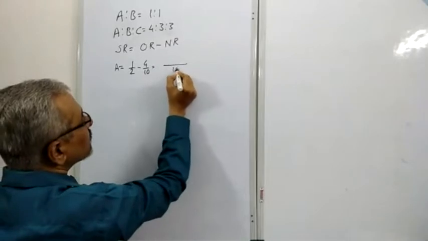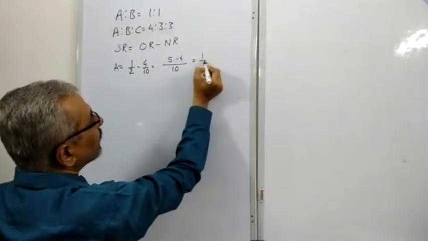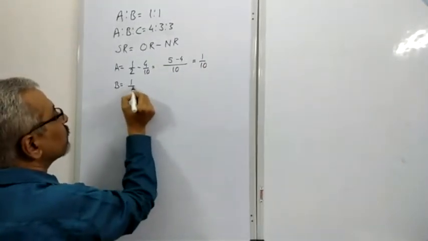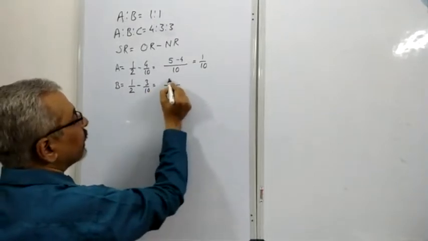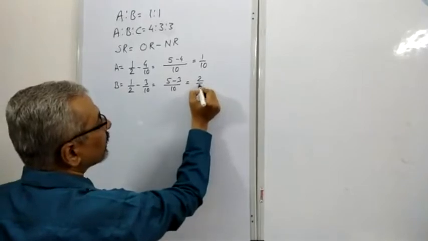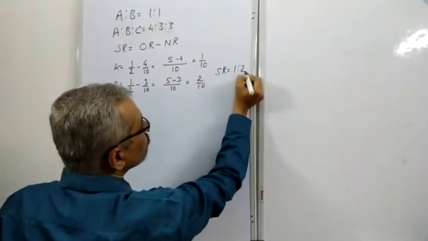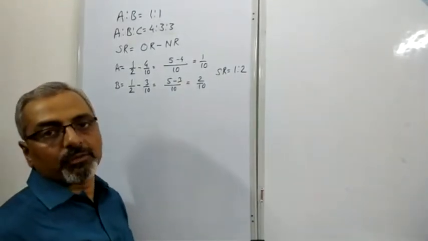That will give us 5 minus 4, that is 1/10. And for B, the calculation will be half minus 3/10, that will be 5 minus 3/10, that is 2/10. Therefore, sacrificing ratio is 1:2. So the first part of the question we have calculated sacrificing ratio.